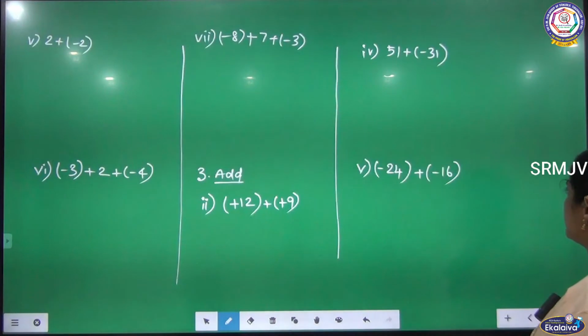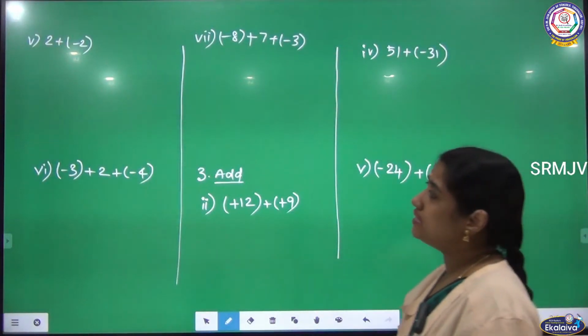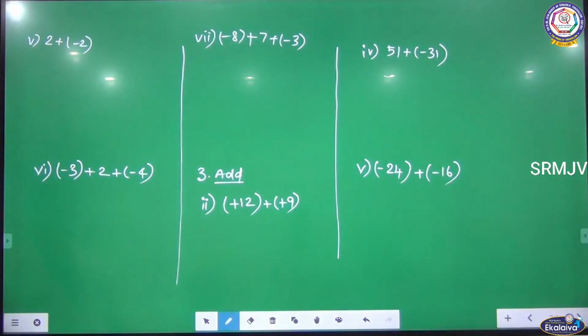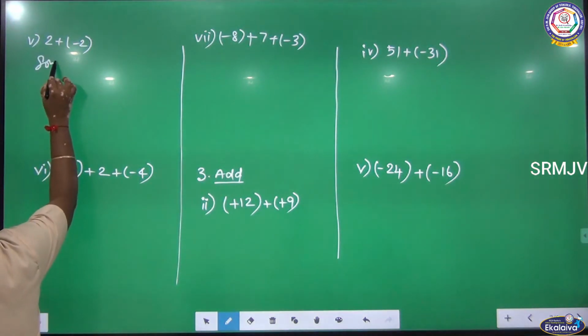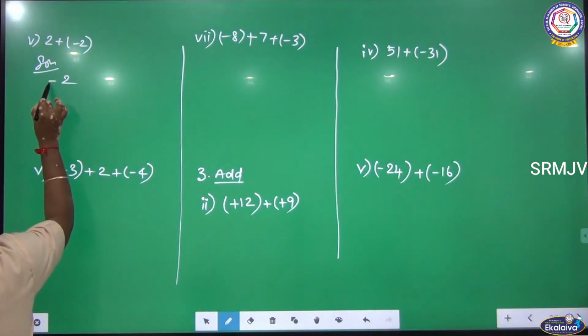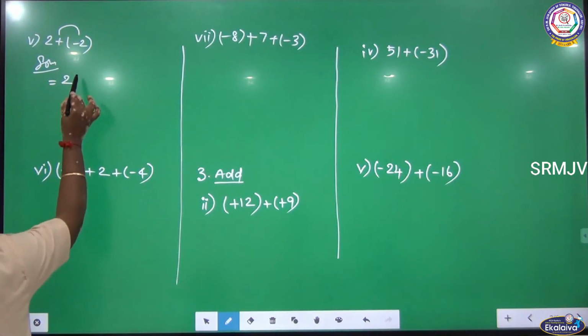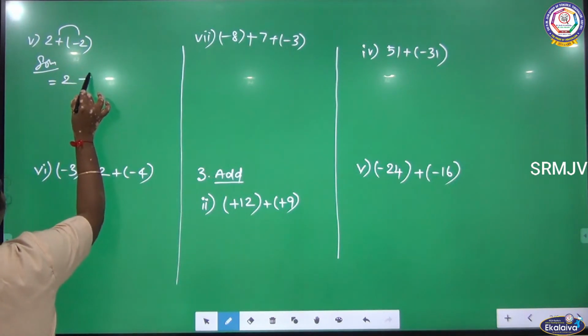Now when I am coming to this sum, listen children, 2 plus of minus 2. Now listen, 2 plus into minus, minus, write the number.